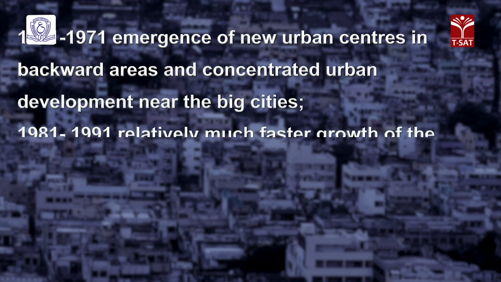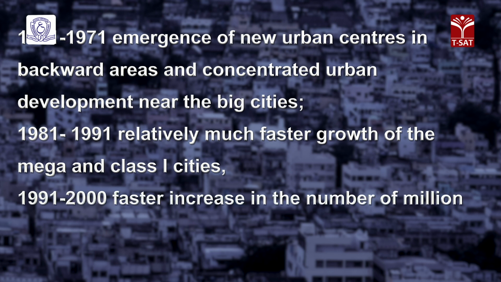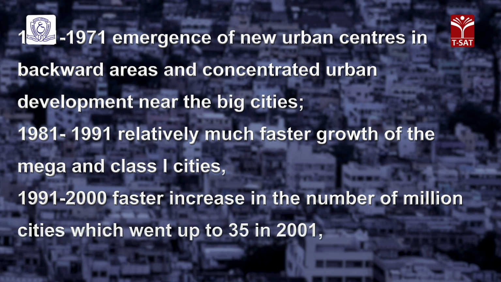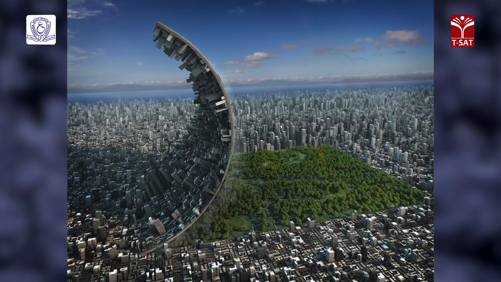During 1981 to 91, relatively much faster growth of the mega and class 1 cities, and during 91 to 2001, faster increase in the number of million plus cities, which went up to 35 in 2001, while it increased to 53 in 2011.